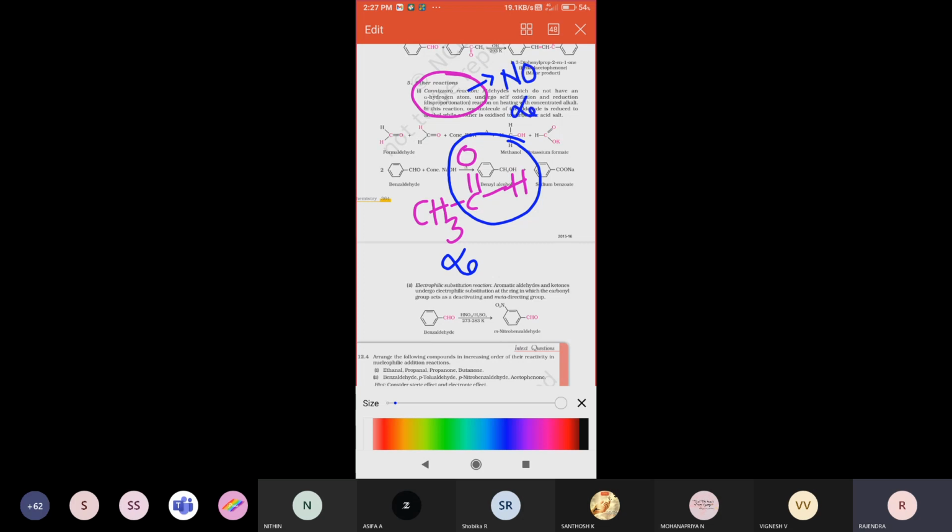If any alpha hydrogen atom is present, that compound does not participate in this reaction. The compounds that participate in the Cannizzaro reaction are formaldehyde and benzaldehyde. These two compounds especially show the Cannizzaro reaction.